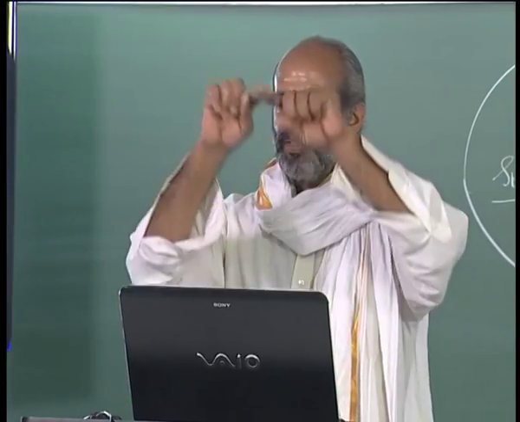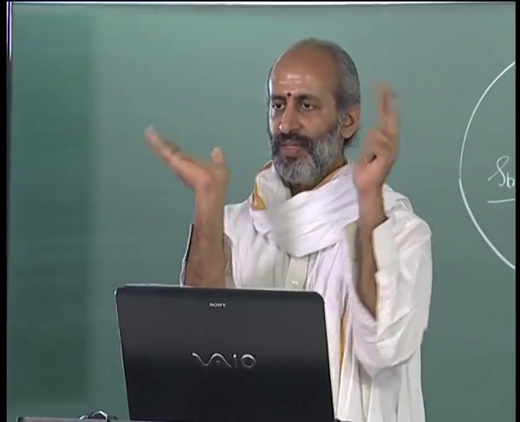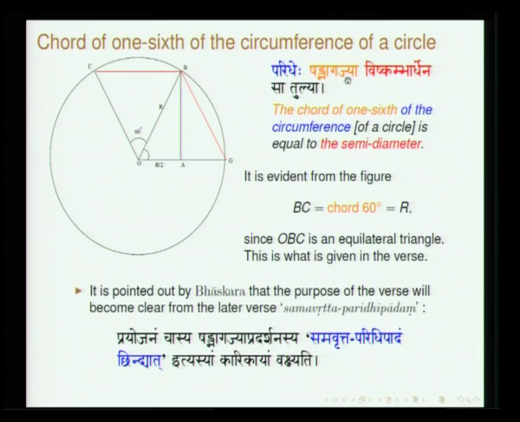What is stated in this verse is shadbhaga jya, so one sixth. If you conceive of a circle, divide it into 6 equal parts. The chord corresponding to one sixth of the circumference is referred to as paridhehe shadbhagajya, and he just states vishkambhardhena satulya.